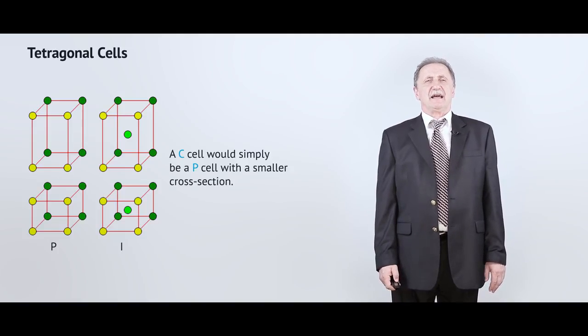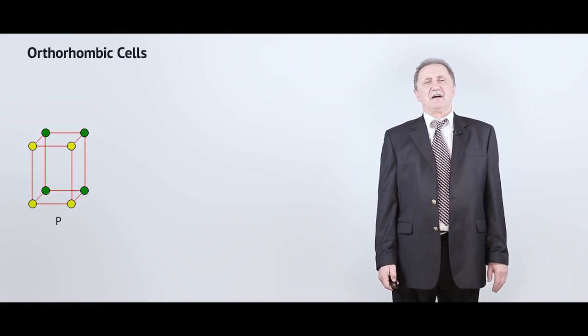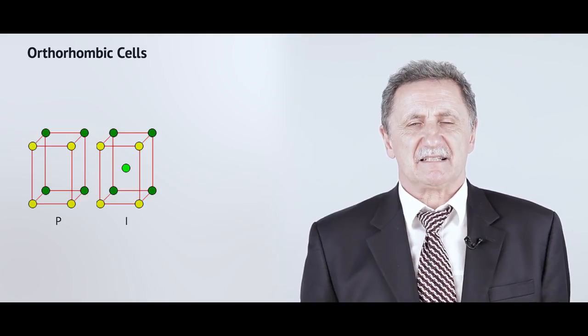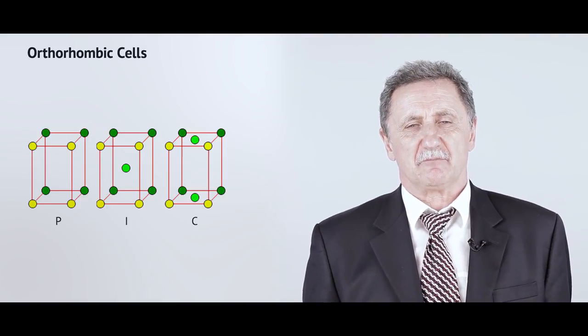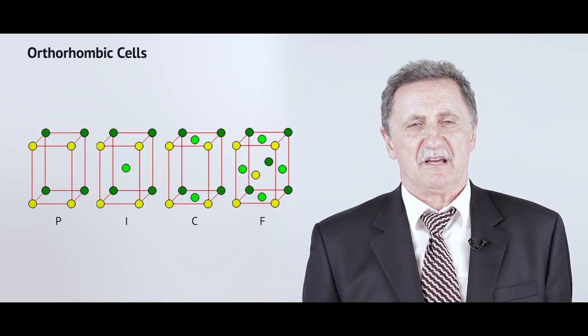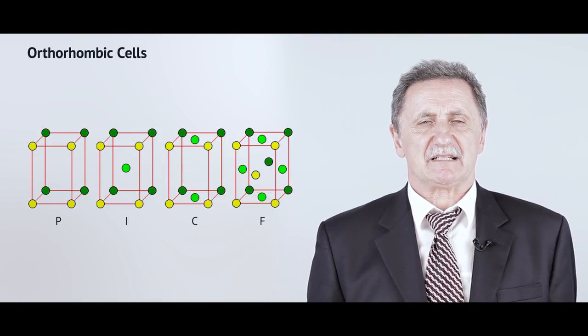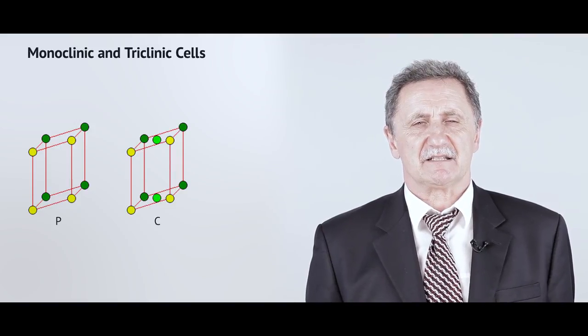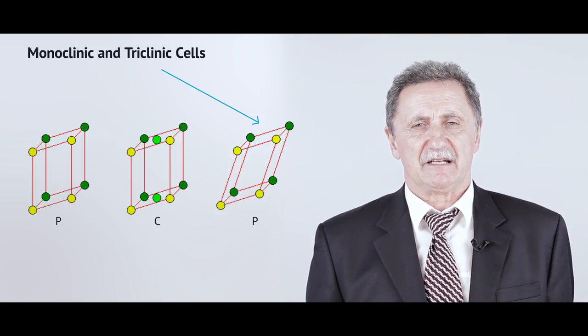The orthorhombic cell has 4 different Bravais lattices, which include P, I, C, and F, meaning primitive, body-centered, base-centered, and face-centered structures. While the monoclinic and triclinic cells have the primitive and C structures in the case of the monoclinic system, and only the primitive one for the triclinic cell.